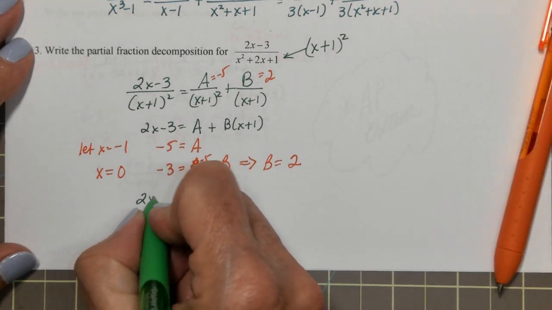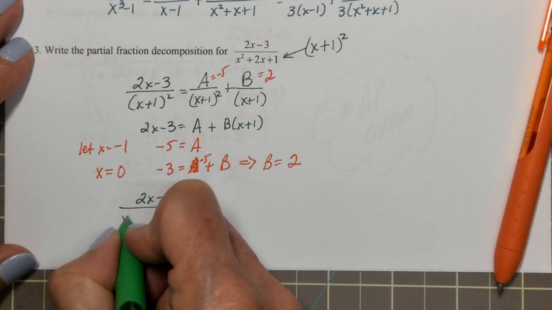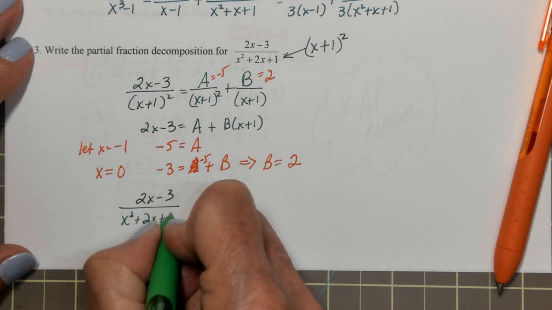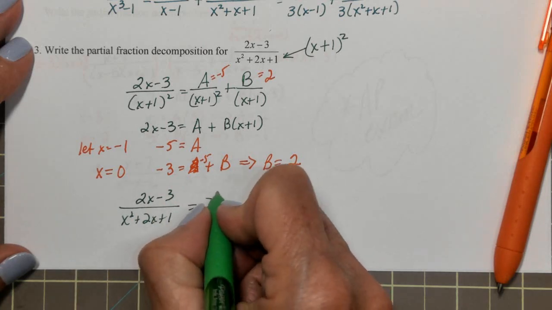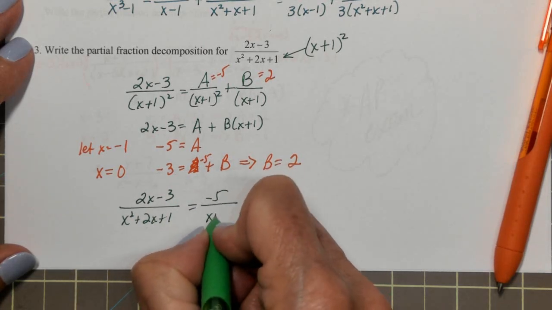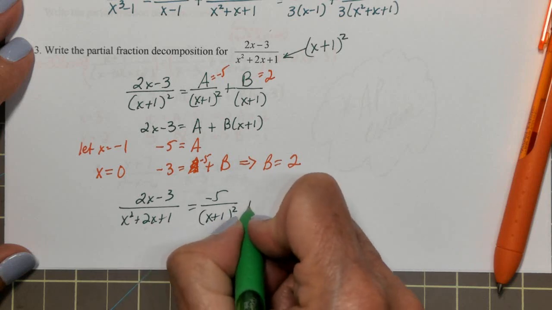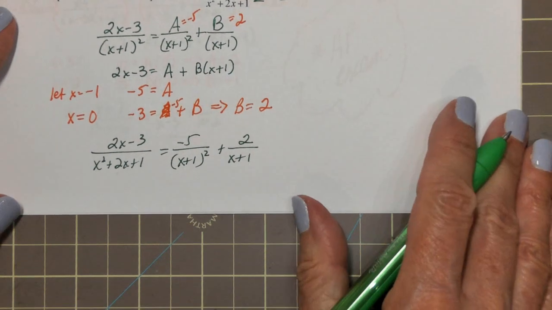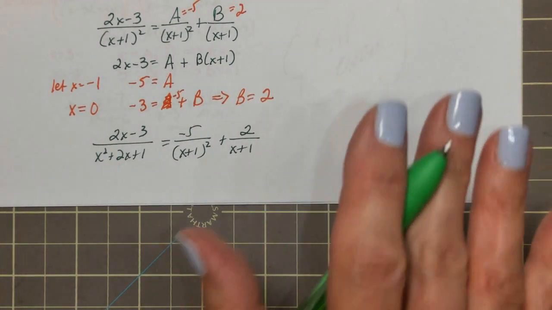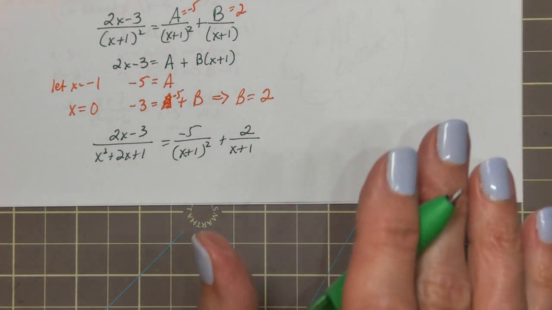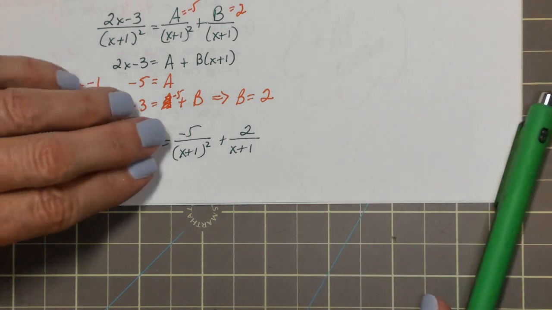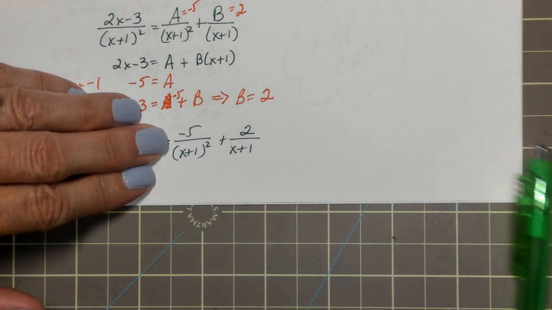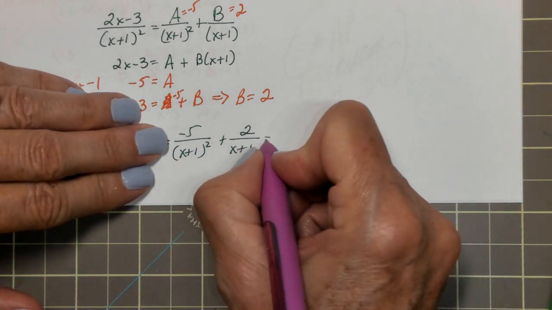So we have 2x minus 3 divided by x squared plus 2x plus 1 is negative 5 over x plus 1 squared plus 2 over x plus 1. And keep in mind, you can always check these. Start with this. Get a common denominator.